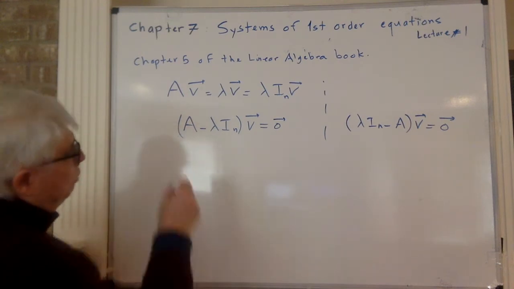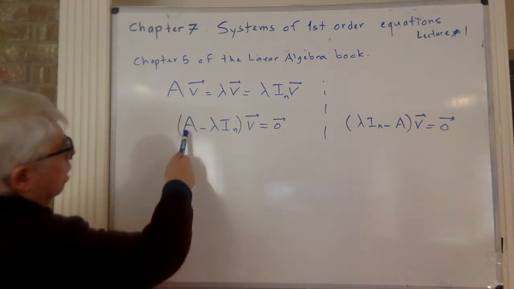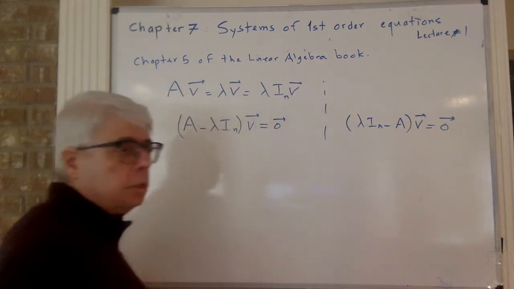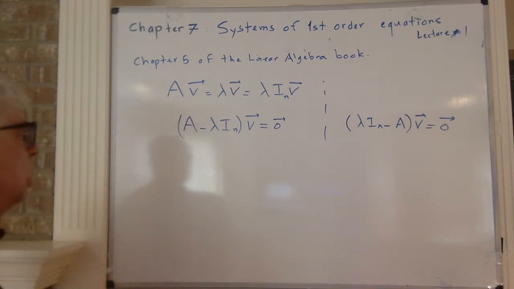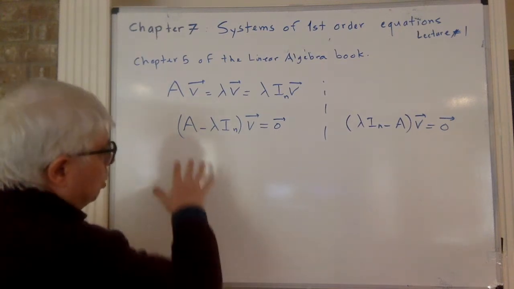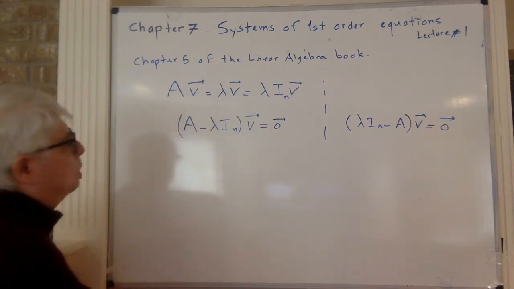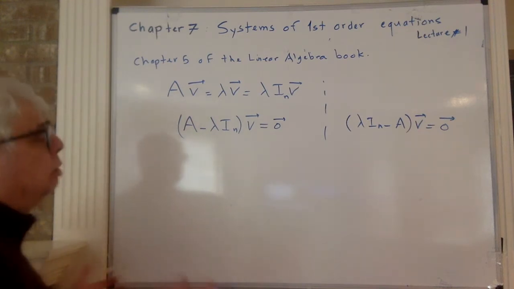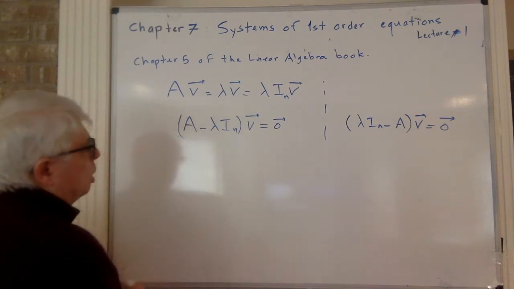Now, if you use this one, then you don't have to change the sign of the entries of A. In this one, you have to change the sign of the entries of A. But anyway, let's stick with this one. But be careful when you are multiplying things. You should be good in algebra and in algebraic manipulations. This discussion is true for both of them.